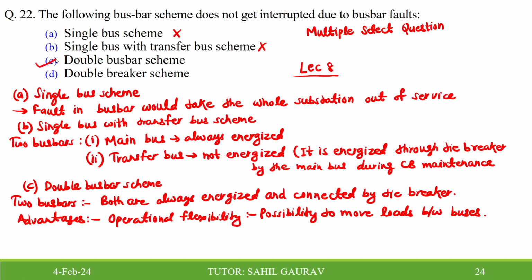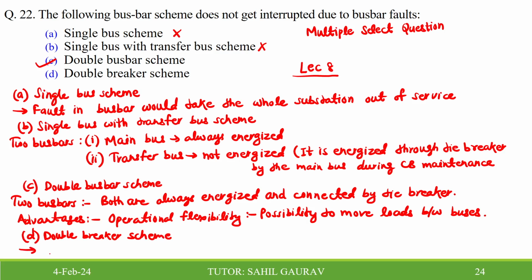Option C is correct. Now option D, the double breaker scheme. For the figure, you can refer to lecture number 8, from there you can better understand.